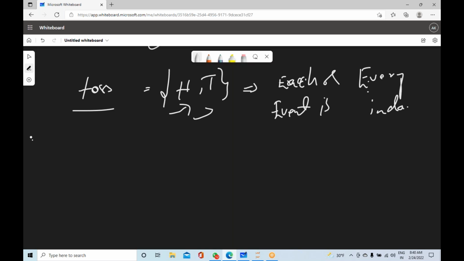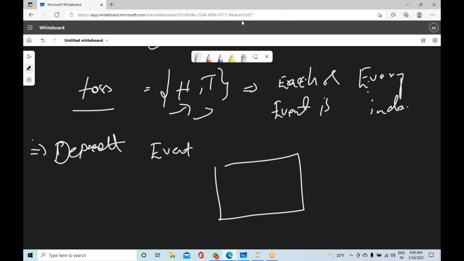When you go with the dependent event, let me consider you have a bag. The bag might have 10 balls.